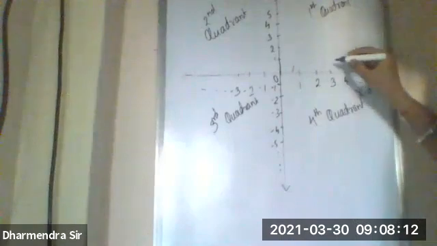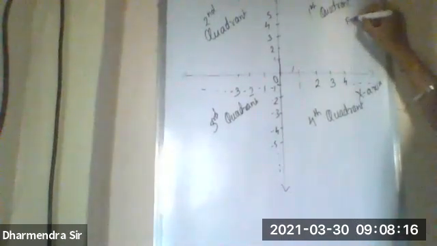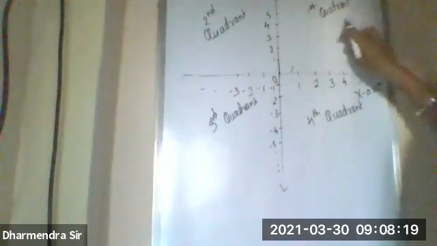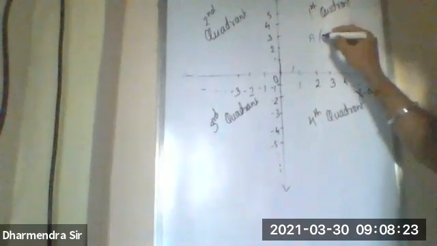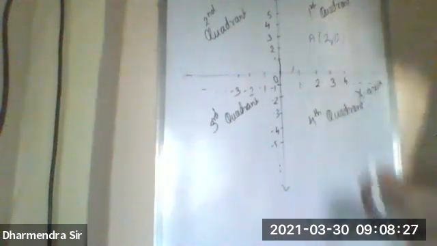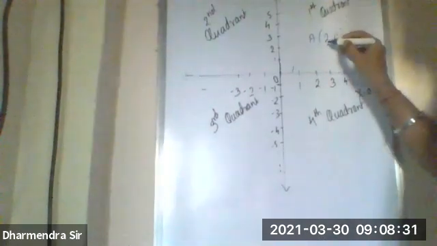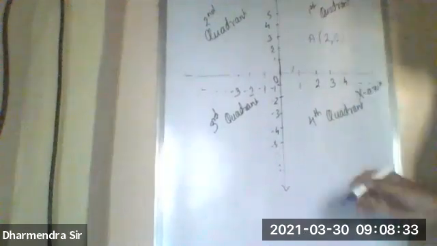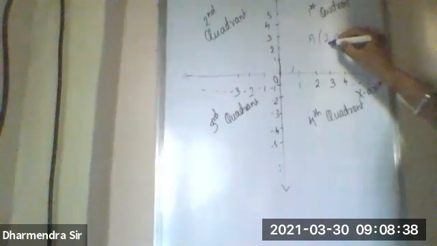Say we are having point A, which has the value 2, 0. Now, what do we mean by this? A has coordinates 2, 0. 2, 0 means the value of x is 2.